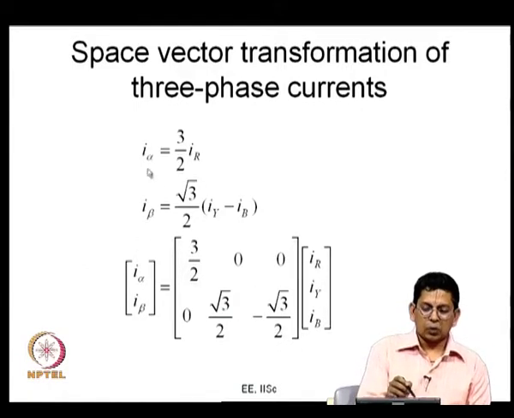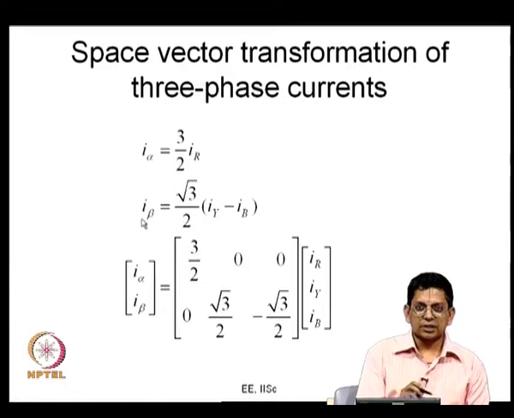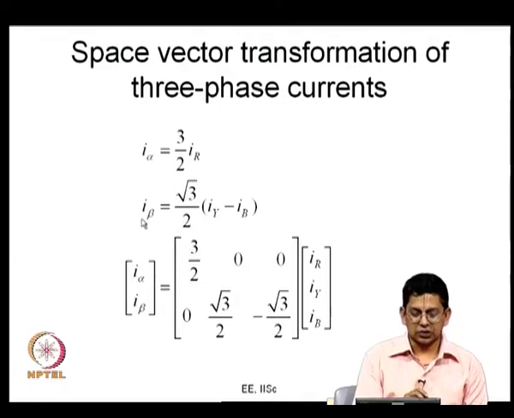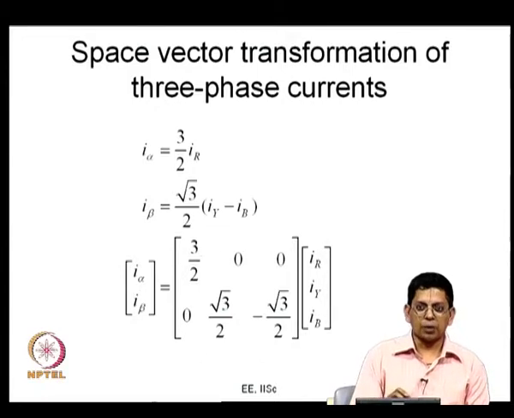We take these orthogonal quantities such that the alpha axis is aligned with the R phase axis and the beta axis is 90 degrees ahead of the alpha axis. This is I alpha, I beta written in terms of IR, IY, IB in matrix form, and this matrix is the transformation matrix for space vector transformation.